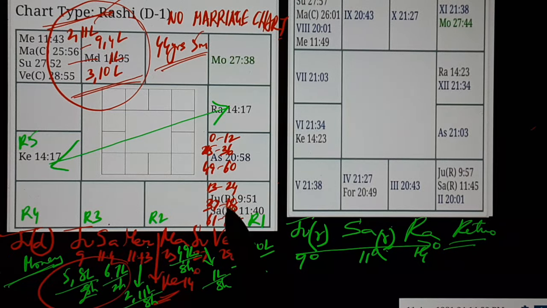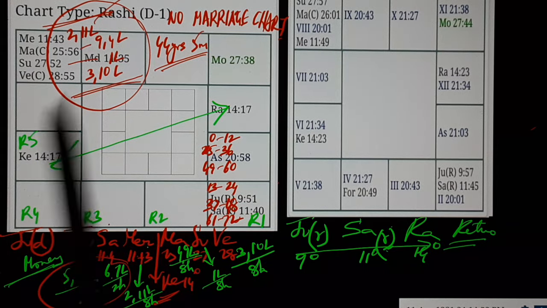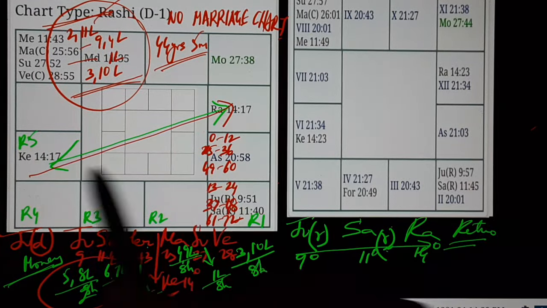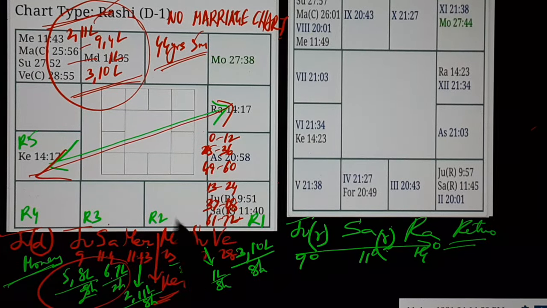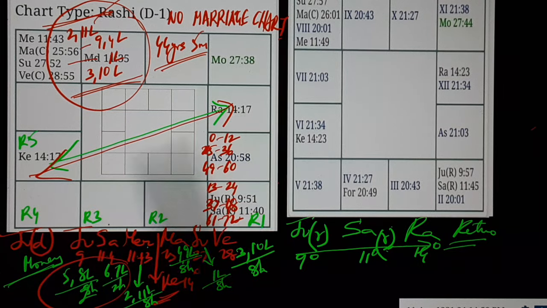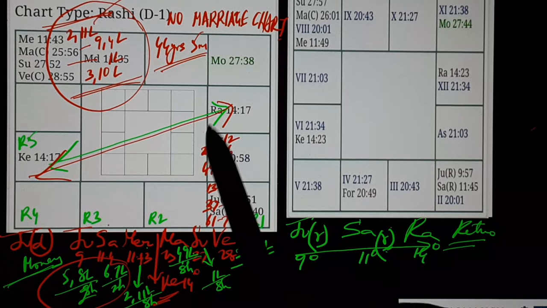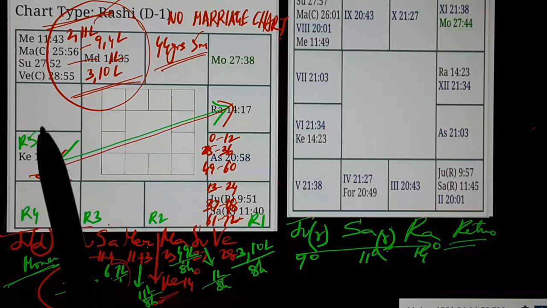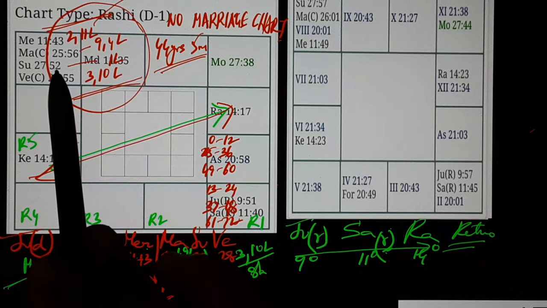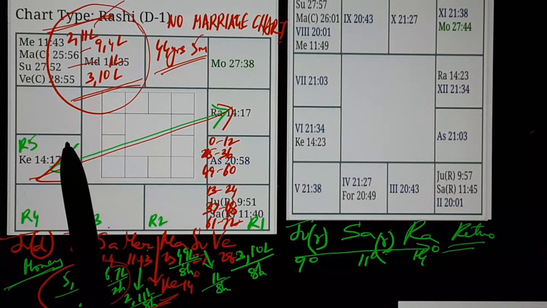You can see Jupiter and Saturn are on one side of the chart, and Venus, Sun, Mars, Mercury all are on the other side of the chart, which goes on to say that Rahu Ketu are cutting the person away, because these two planets, Jupiter and Saturn, are on one side and the rest of the planets are on the other side of the axis, which means to say Rahu Ketu are playing the foul game of boundary, and they have ruled out the possibility of enjoying all the benefits of the chart, which is giving so many yogas and also so many kinds of combinations. Everything is forming in the 8th house.